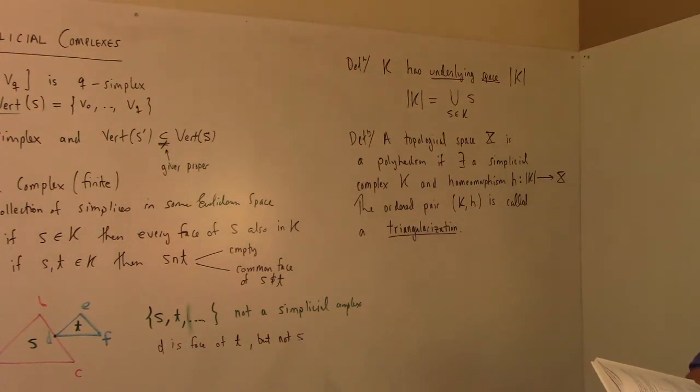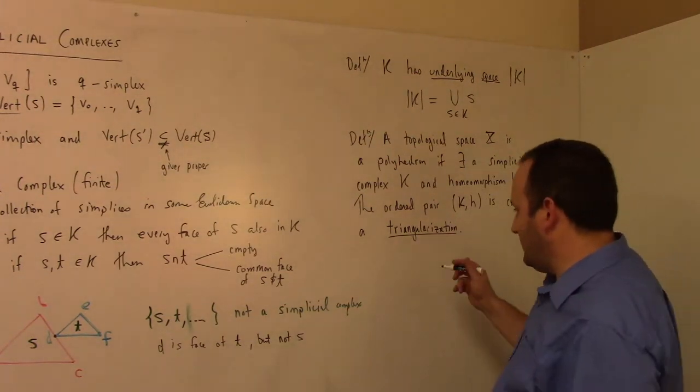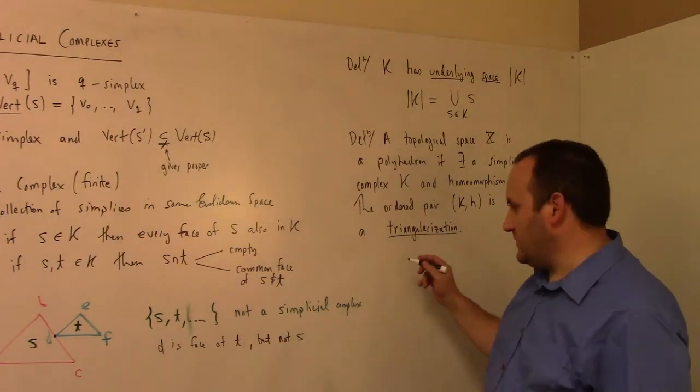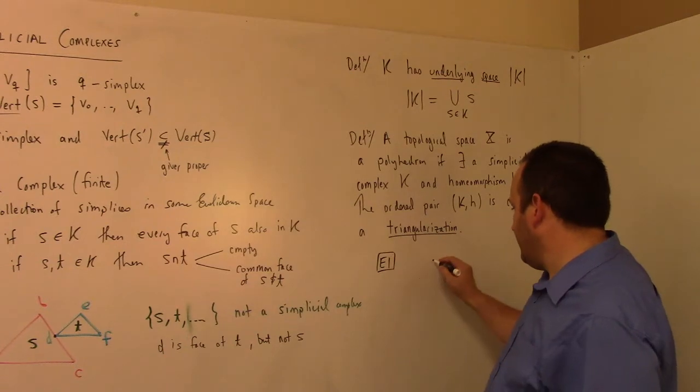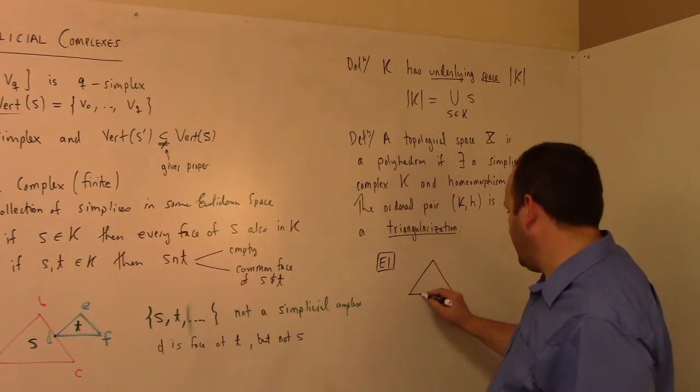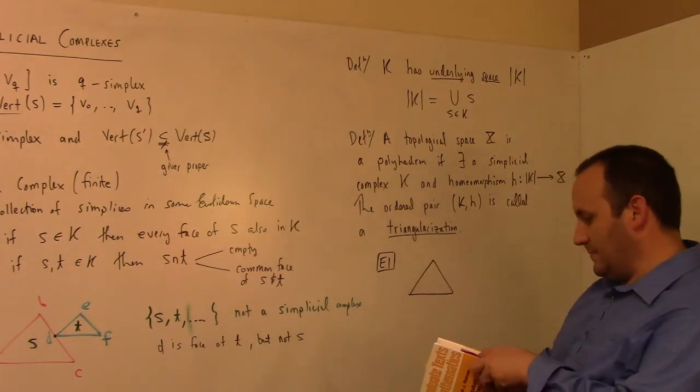So here's his example. He says the standard 2 simplex is contained in Euclidean space R3. Define K to be the family of all vertices and one simplices of the 2 simplex. What's the 2 simplex? It's just a triangle.